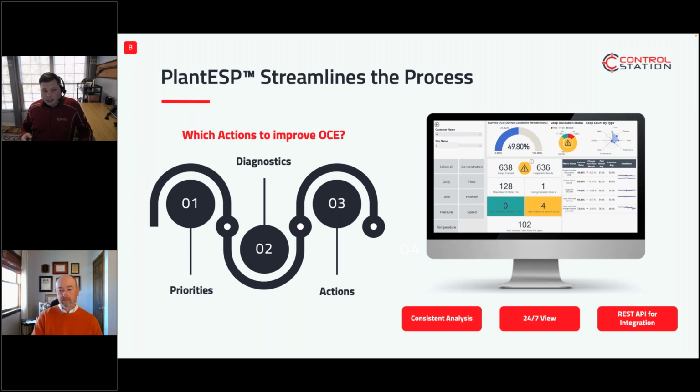And just from a streamlined standpoint, all of this information, while it lives in the Plant ESP silo, there are connectors into the silo so you can consume this data and display it in other places, because all of our plants are interconnected with Power BI dashboards or TrendMiner or Tableau and Excel. Everyone has all these reporting engines.